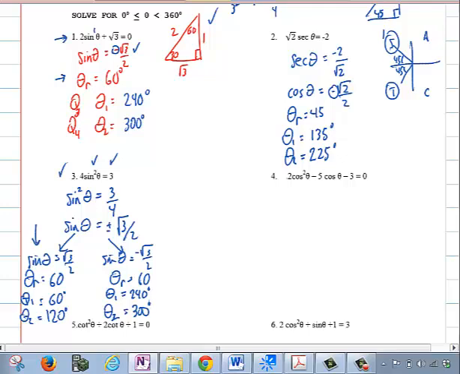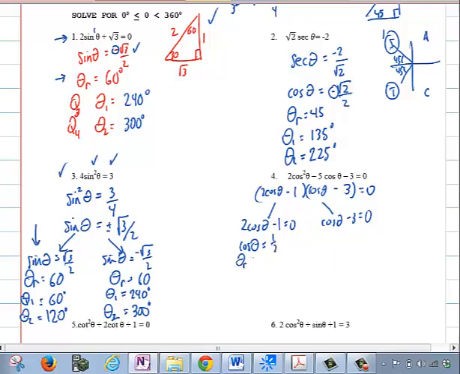So now we come along to another quadratic trig function. So you should just factor these out, and I have both terms set to 0. In this one, I have the cosine of theta is equal to 1/2.